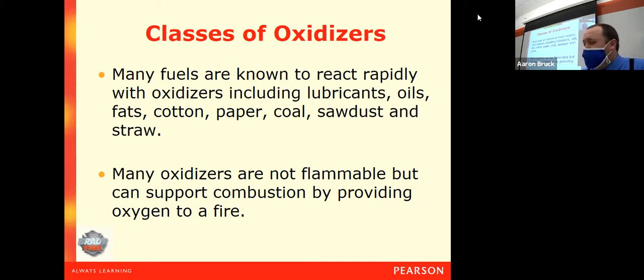Technically, fuels are the reducers in these reactions, but we don't usually think about fuel or reducer in a combustion reaction. We think about, okay, I've got my oxygen, I've got my fire. I've got the thing that's burning and the thing that helps it continue burning. So fuel and oxidizer tend to be what I focus on when I'm looking at combustion reactions.